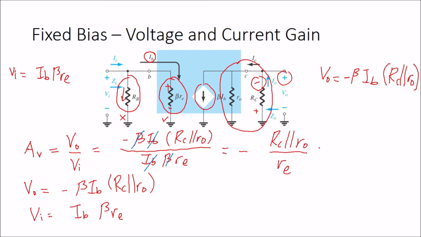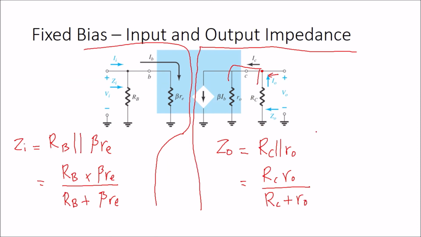RE. But sometimes the value of R naught is equal to infinity. What happens if R naught equals infinity? Meaning that you can ignore the existence of R naught. If you ignore R naught, actually here is an open circuit because this is extremely big, so we can ignore it.